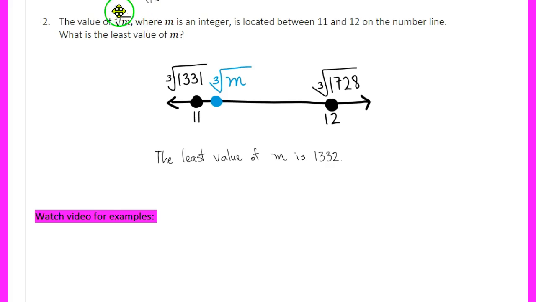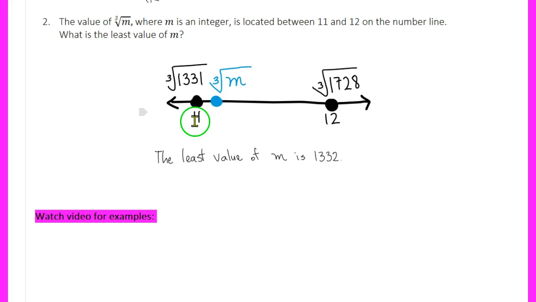when the expression is given knowing that m is an integer, right, located between 11 and 12 on the number line, and we're looking for the least value of m. So the first thing we do is graph the number line in 11 and 12.